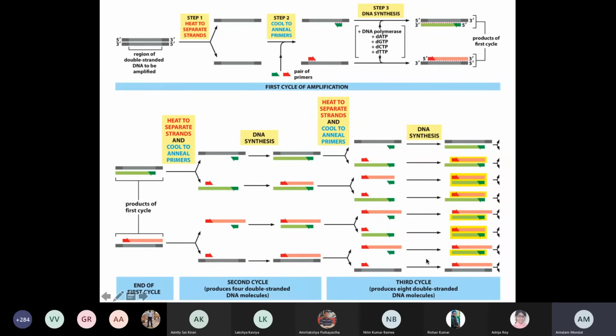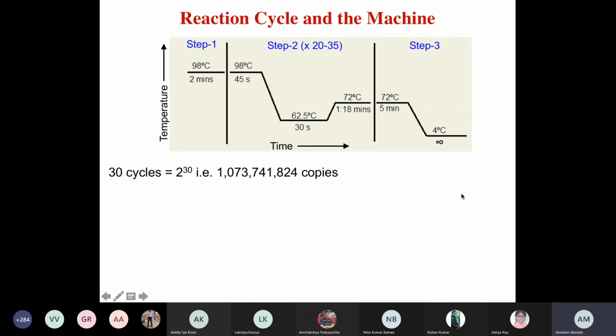Similarly, at the end of the third cycle, you will be getting 2 to the power 3. That means 8, right? And if you keep on performing this, these are different temperatures and time periods for different steps. For example, you perform the heat denaturation at 98 degrees centigrade for 45 seconds.